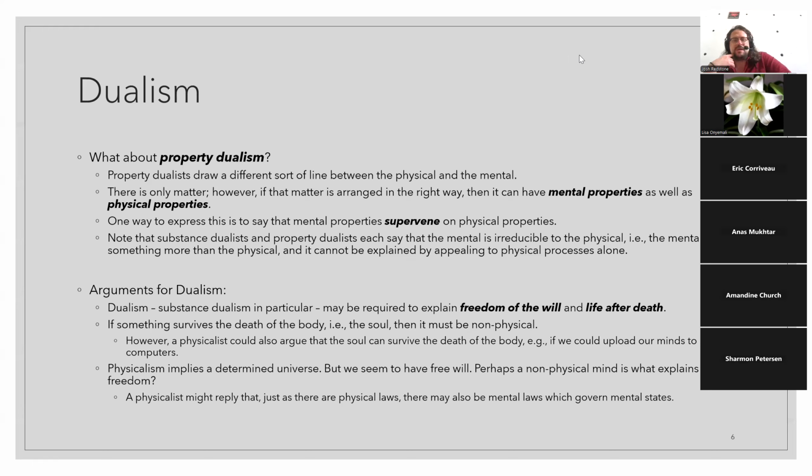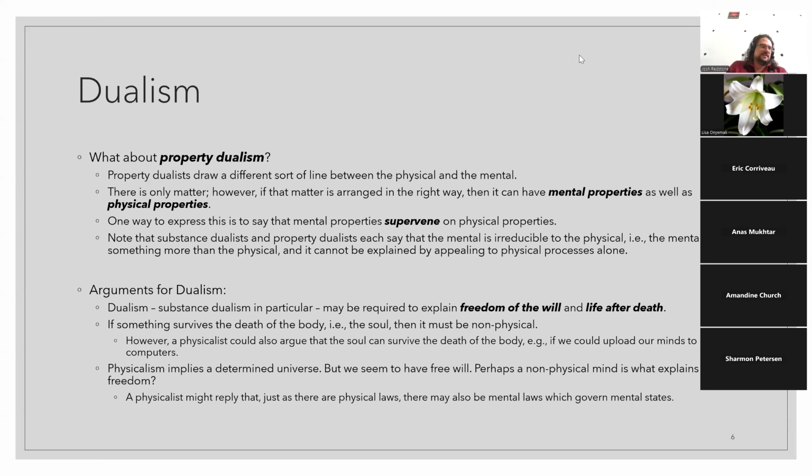So all of my mental states supervene on my brain states. And for there to be a change in my mental state, there has to be a change in the physical state or the brain state. Now, one similarity between substance dualists and property dualists is that they each agree that the mental is not reducible to the physical.